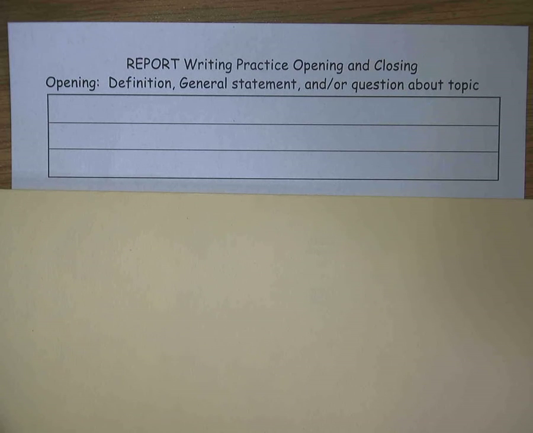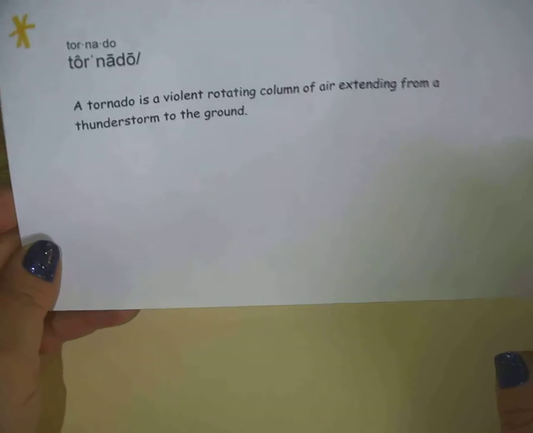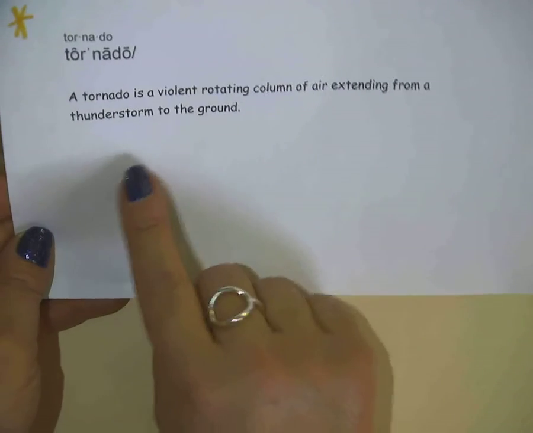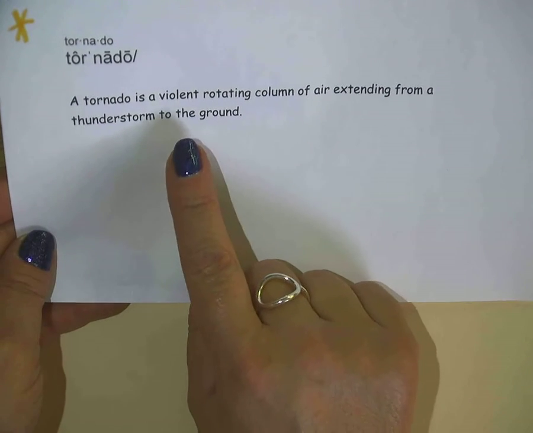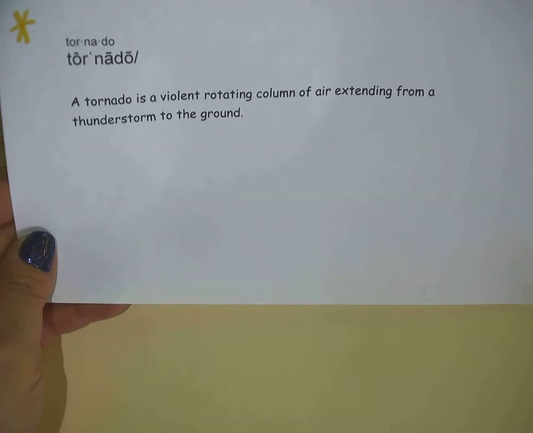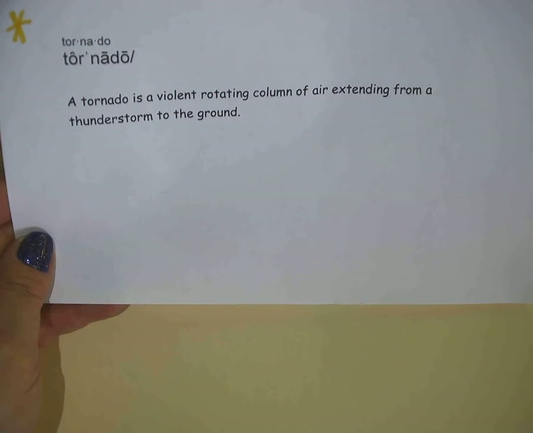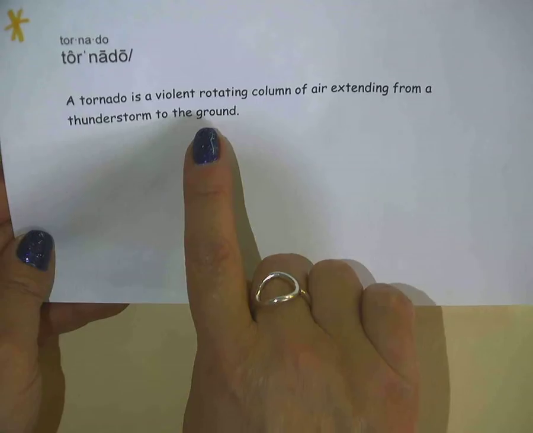That way you're going to get a version of a definition that you're going to understand probably more so than an adult definition. So I did a Google search on tornado, and this is what I came up with. A tornado is a violent rotating column of air extending from a thunderstorm to the ground.